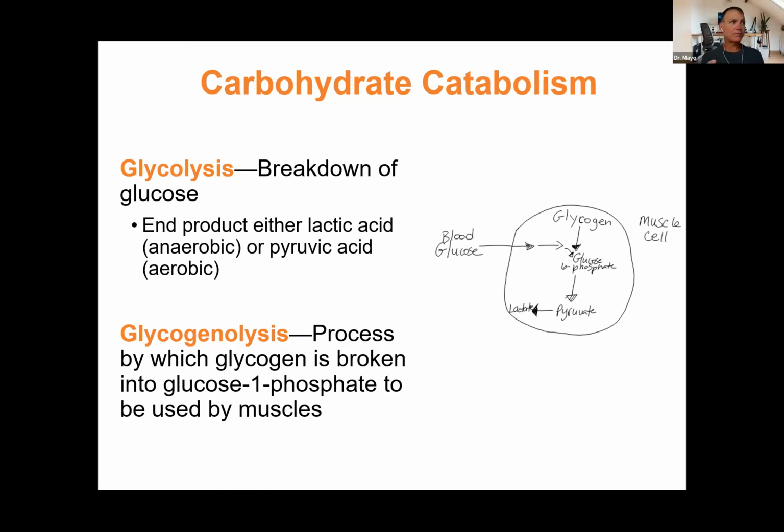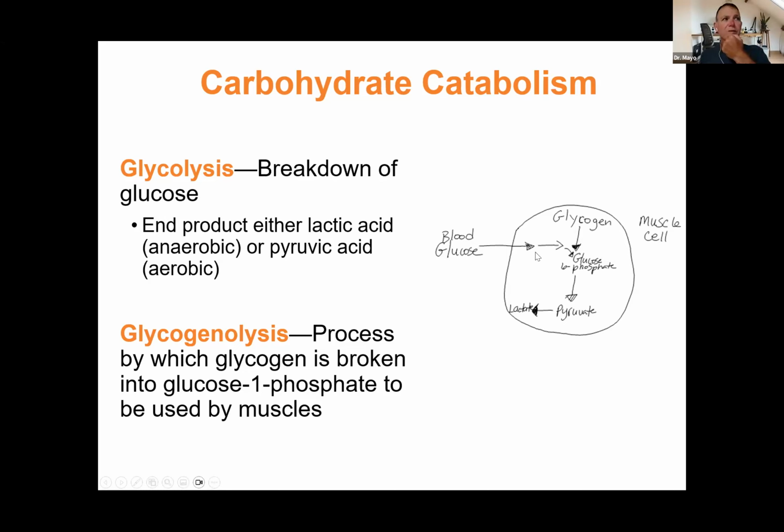And this process is a multi-step process. What you're seeing here on the slide is, when we talk about breaking down carbohydrate, remember the simplest form of carbohydrate is called glucose. You've got two choices in how you want to start glycolysis.